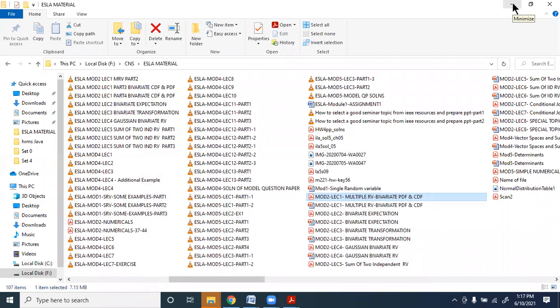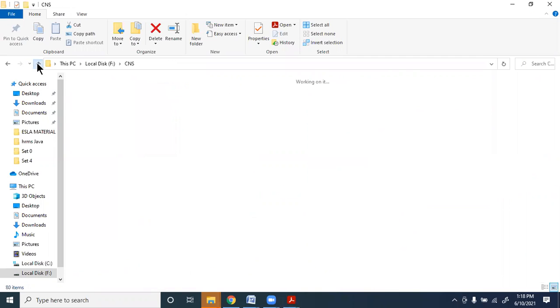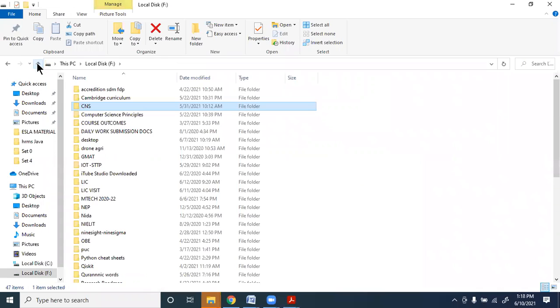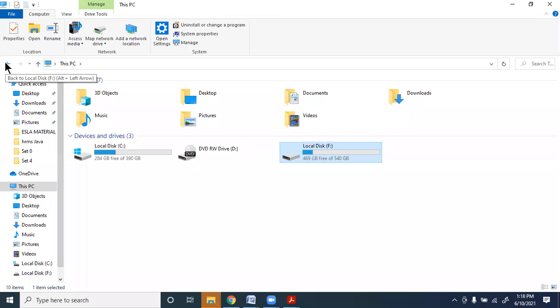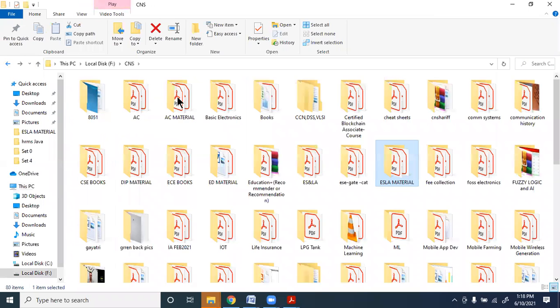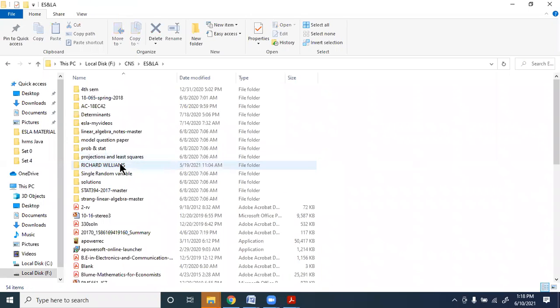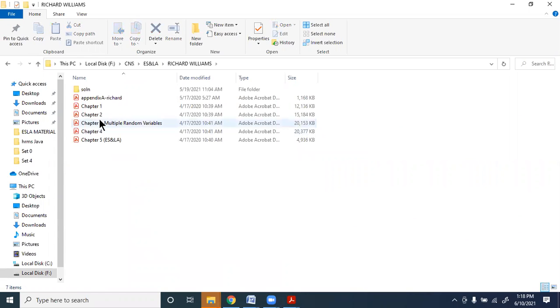If they are similar, we can try to check them. So let me check whether they are similar, and if they are similar at all, we can try to find out. Chapter 3 is this.